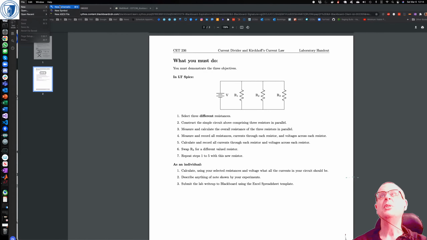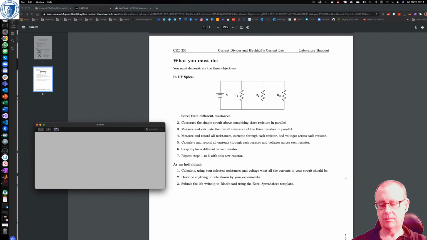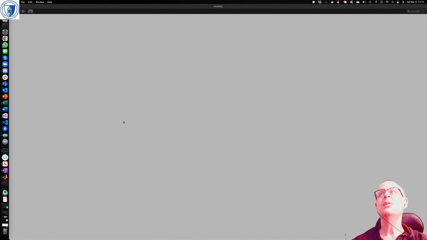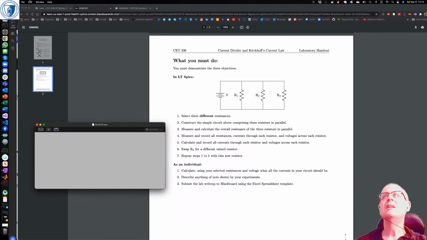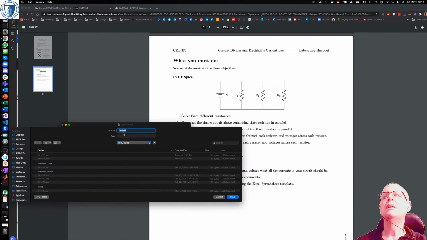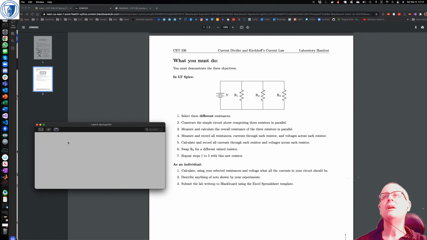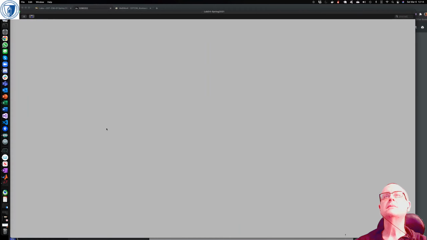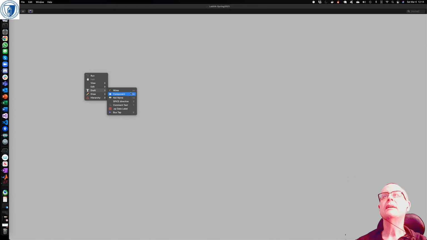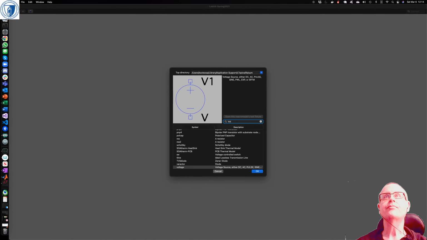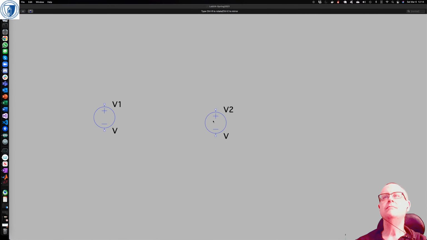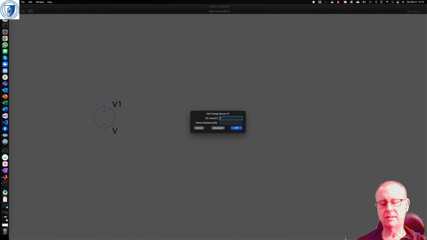Let's do a completely new schematic. Okay, so this one, let's see if we can save as. This is Lab 4. So we need a voltage source, and let's make it, I don't know, 10 volts.